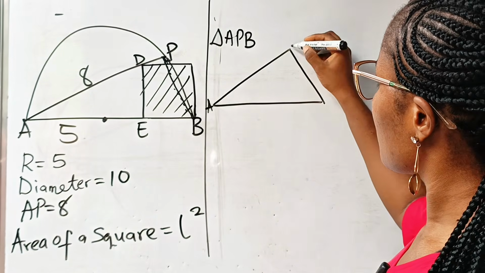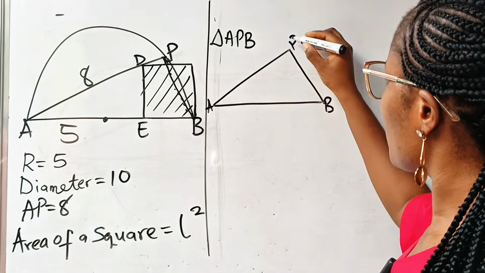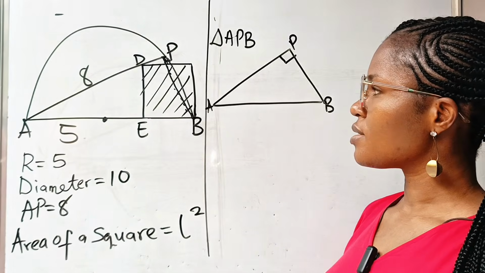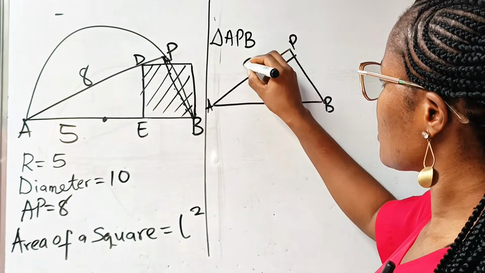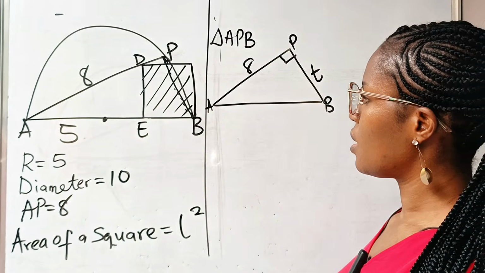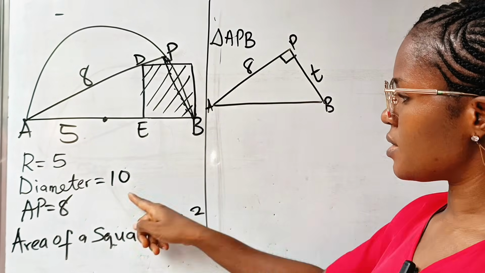This is A, this is P, this is B. Now angle P is equal to 90 degrees. This side is 8. Let's call the unknown side T. Now we have AB is 10.